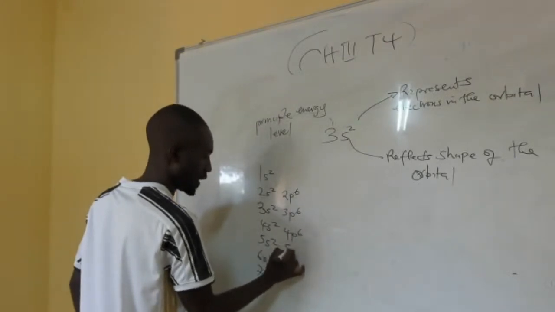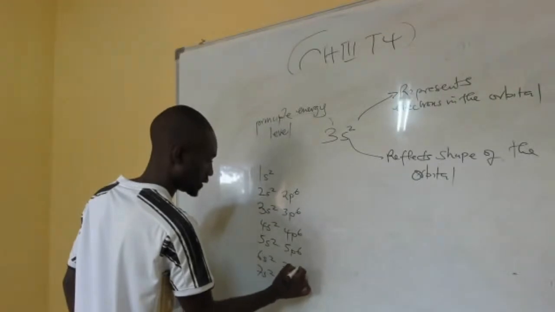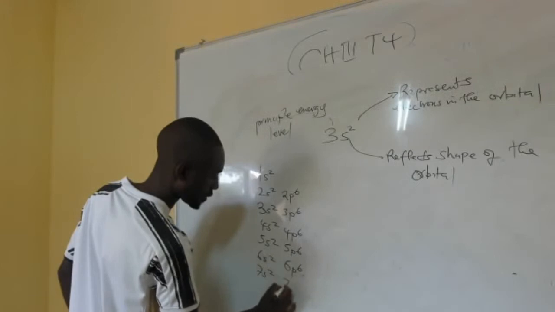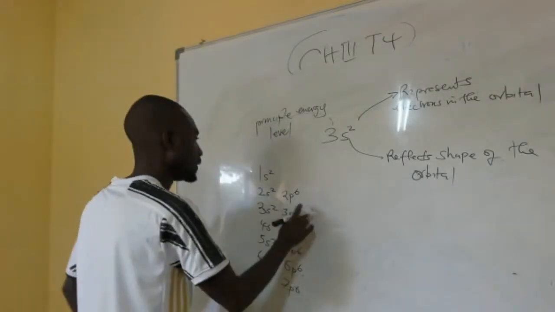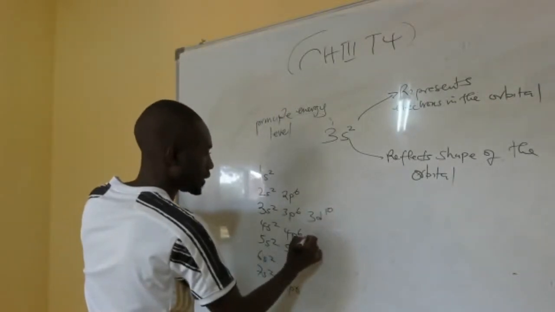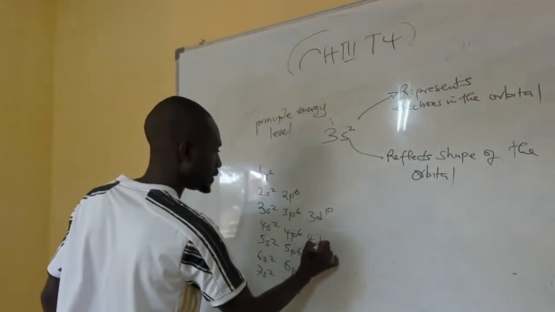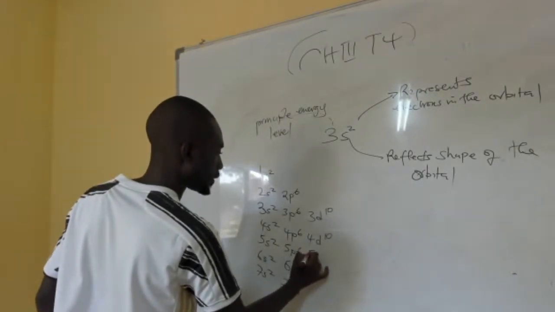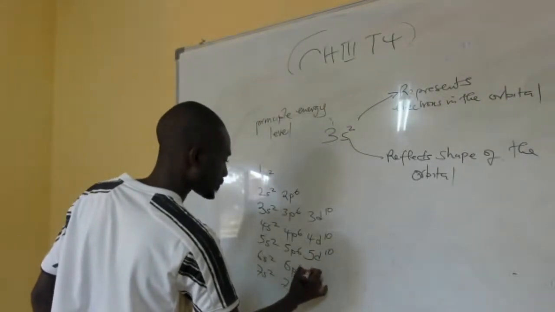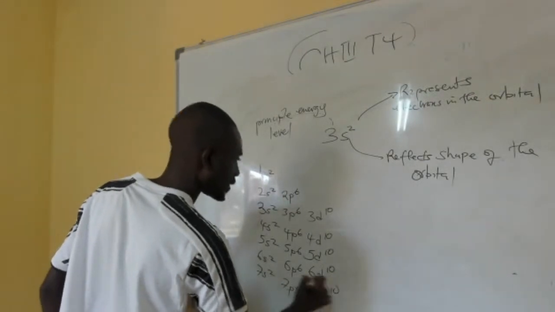4p6, 5p6, 6p6, 7p6. Then you also have what you call 3d10, then 4d10, then also 5d10, then also 6d10, 7d10.